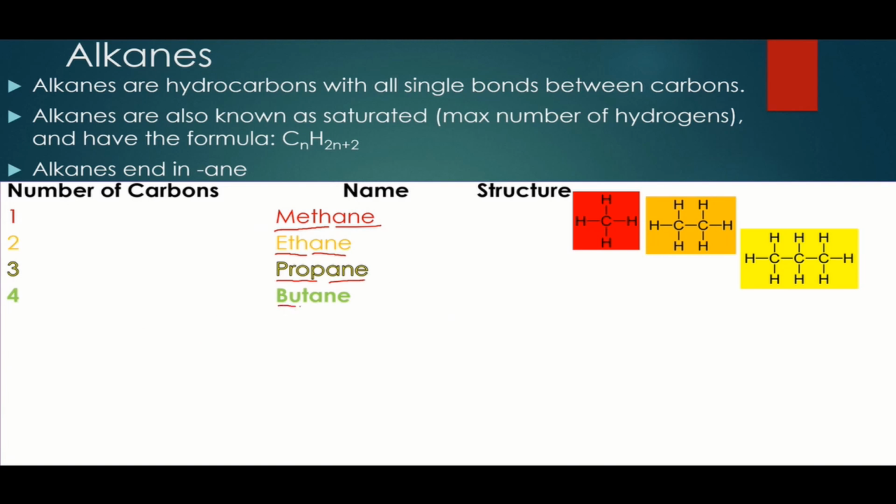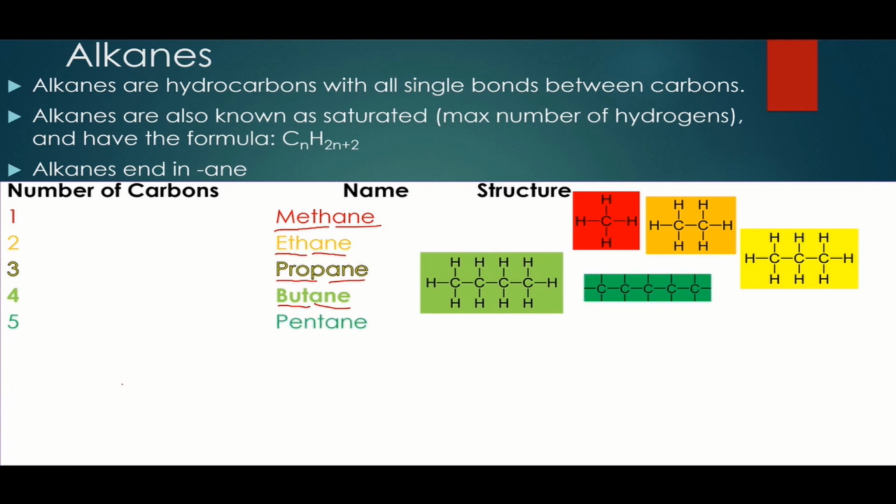4 carbons, bute, not but, ane telling us they're all single bonds. So again, I'm going to draw my chain of 4 carbons. Bute tells me there are 4 carbons. Make sure each carbon has 4 bonds and add your H's around the outside. 5 carbons would be pent. Again, there's my 5 carbon chain.